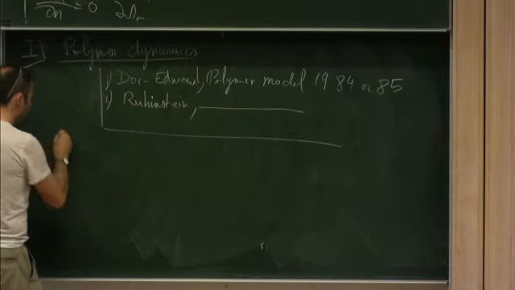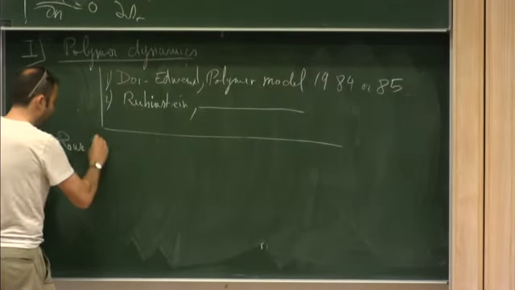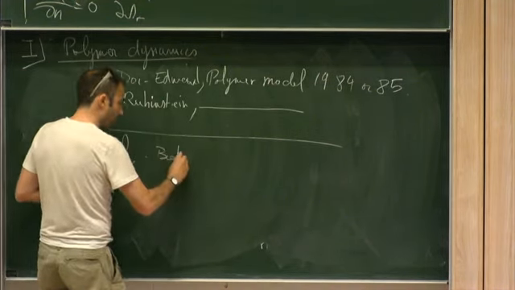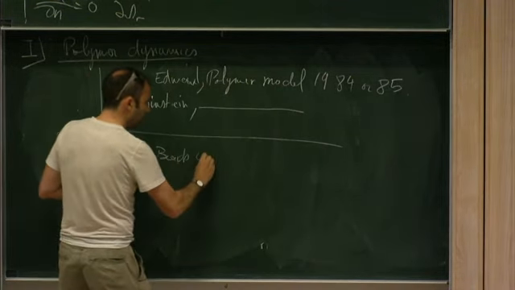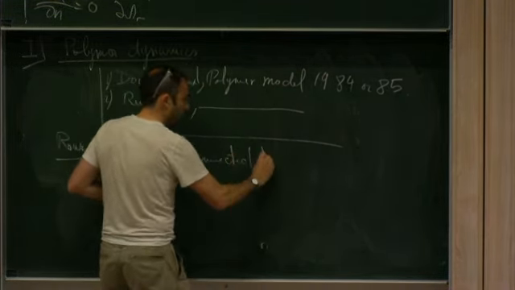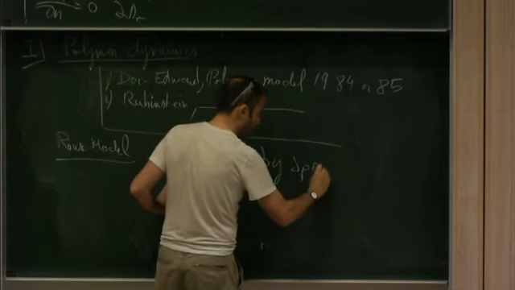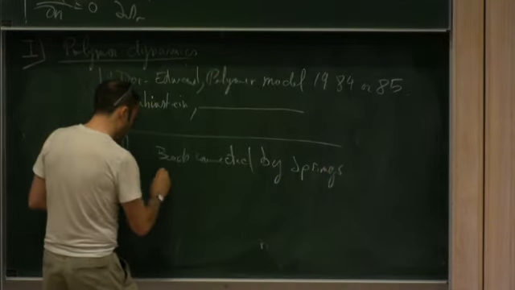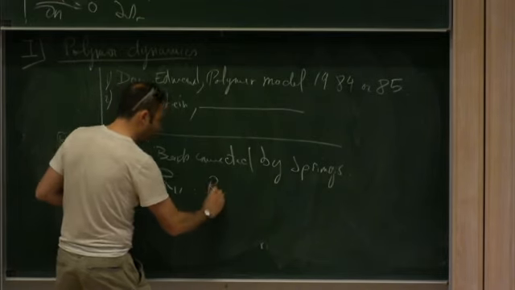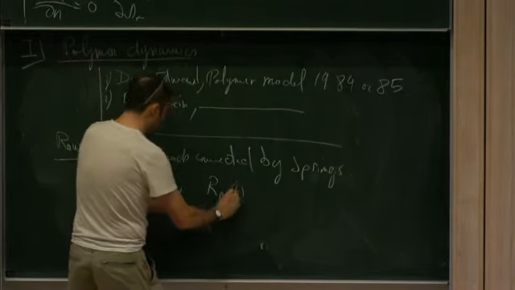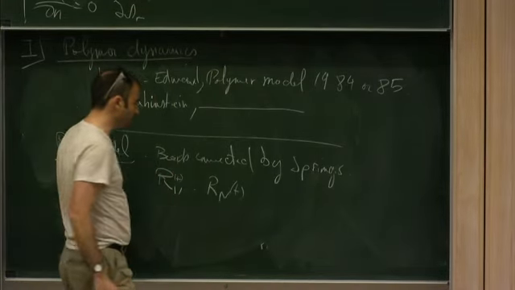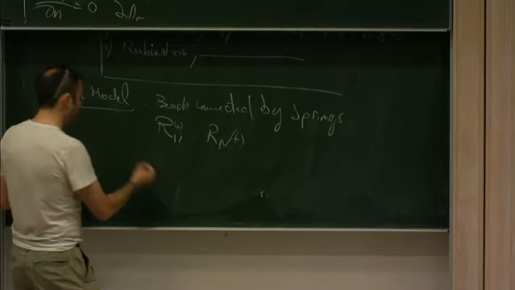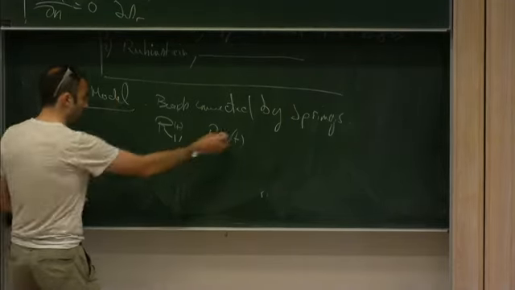So let's start with the Rouse model. The Rouse model is beads connected by springs. So you have an energy. Let's call R1 to Rn the positions of the beads. They can be time dependent. We're in dimension 3, so each is a vector or point in dimension 3. And now we need an equation of motion.